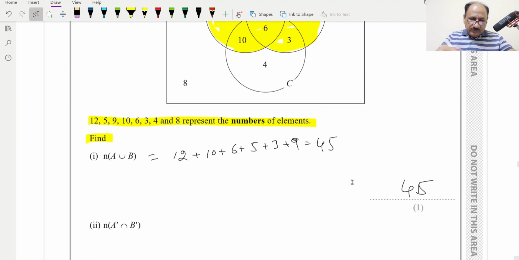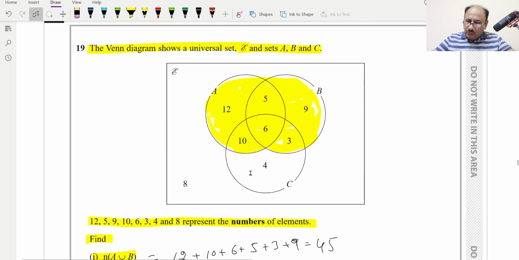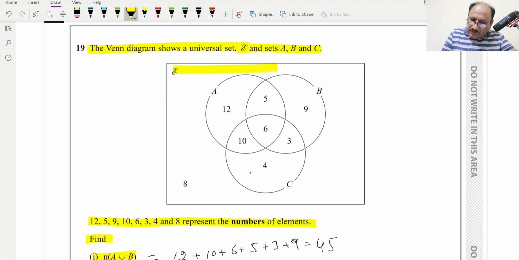And next is n of A complement intersection B complement. So now we have to find A complement intersection B complement. A complement will be not in A, this outer region of not in A. So not in A will be this whole outside area.